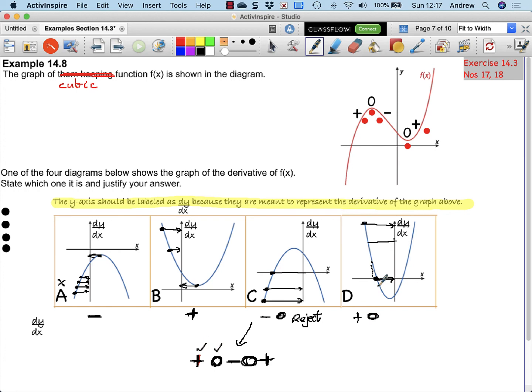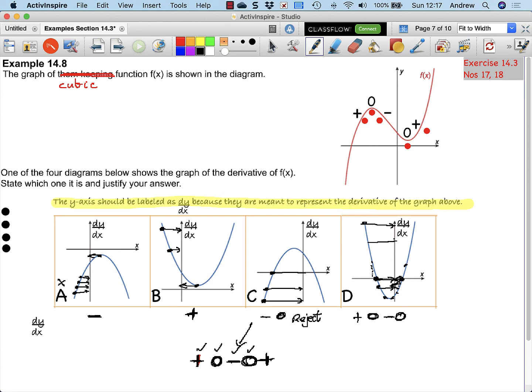And then if I go onto this section of the graph, what does it give me? Negative values, all the way round, until I get to here. And because it's on the x-axis, it gives me a 0. So I've got a positive, negative, and 0.